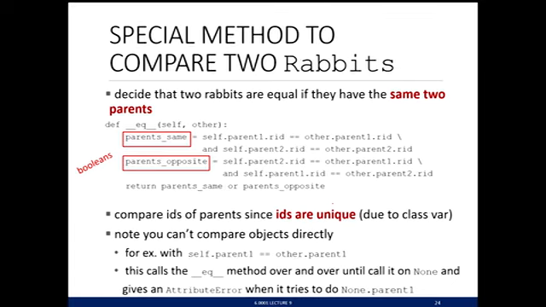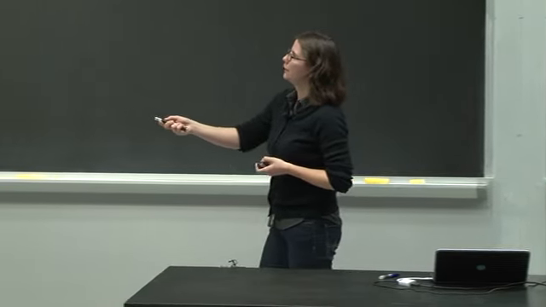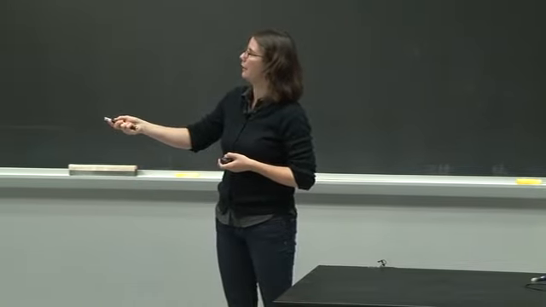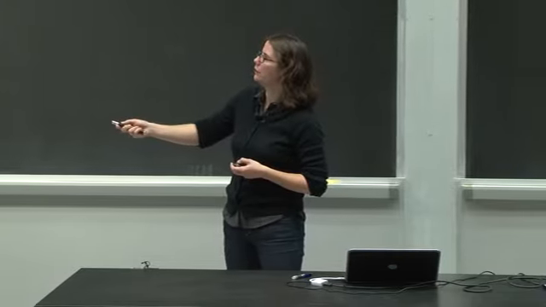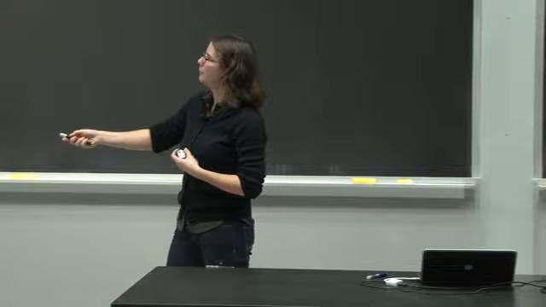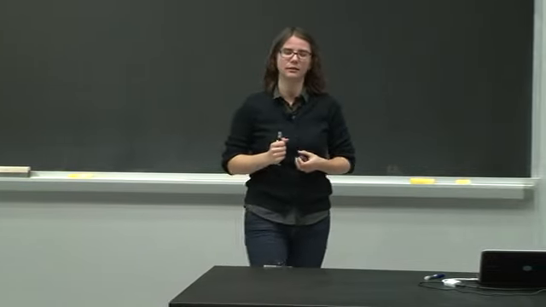Notice that I'm actually comparing the IDs of the rabbits as opposed to the rabbit objects directly. If instead of comparing the IDs in here I was comparing the parents themselves directly, what would end up happening is this method, __eq__, would get called over and over again because here we have parents that are rabbits.